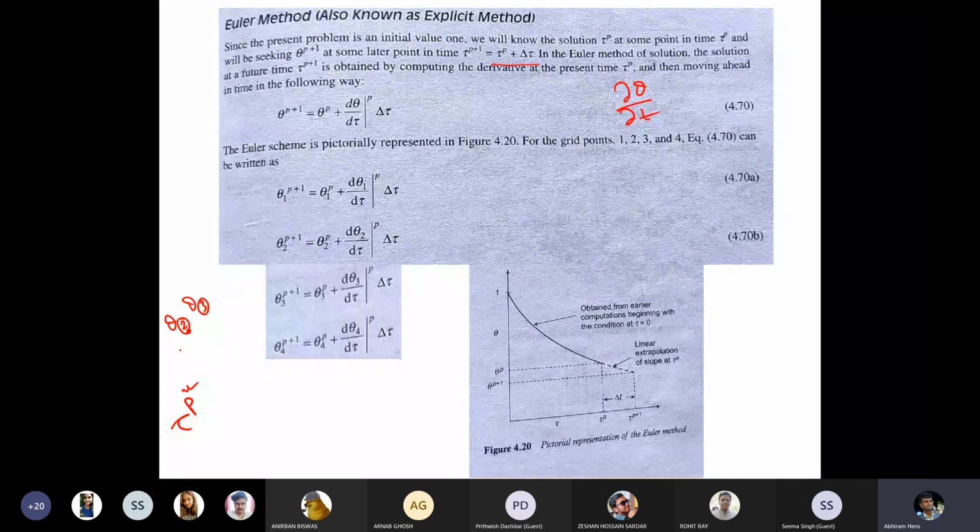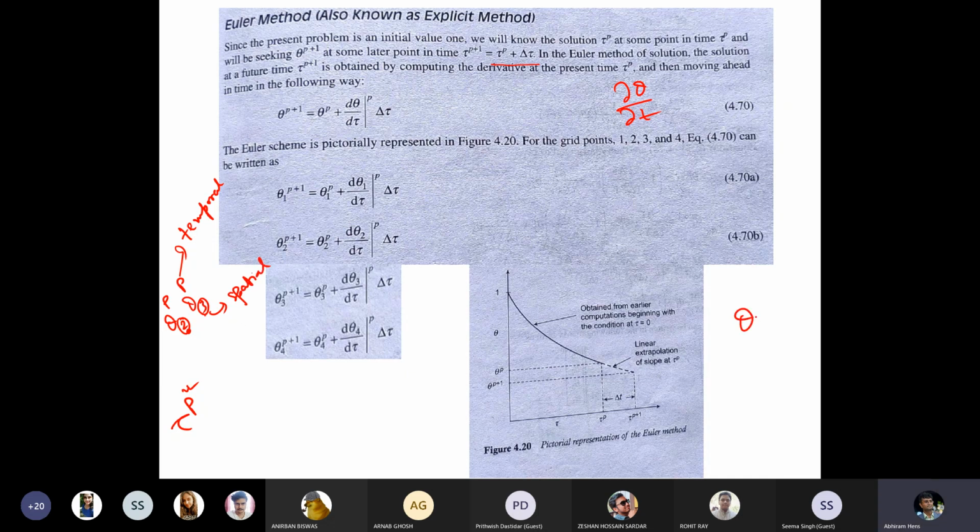Now, whenever a temporal parameter is there, these subscripts represent spatial positions, so we will put some superscript here. The superscript indicates the temporal term, and these subscripts indicate the spatial term. So, this is a common convention.